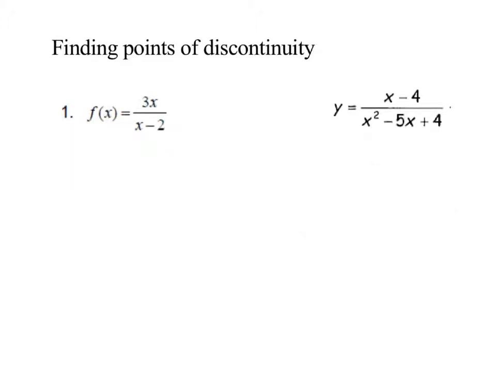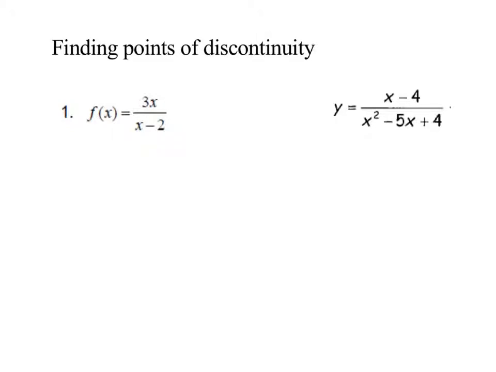So the first thing that we're going to do is find the points of discontinuity. We noticed on the previous graph that where there are asymptotes, that is kind of like the boundary of where the discontinuity is going to happen. You would have to pick up your pencil, in other words, to continue with your function from left to right. So we remembered that before that you could not divide by 0.